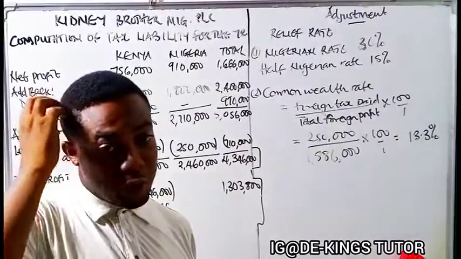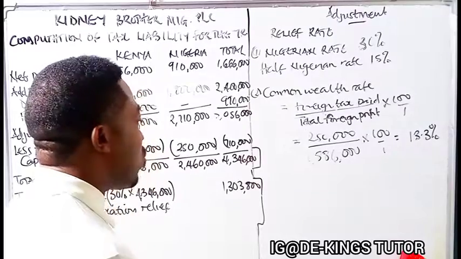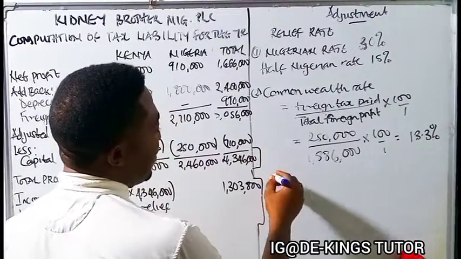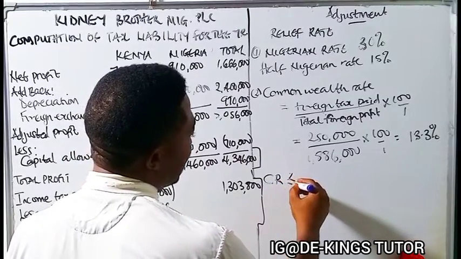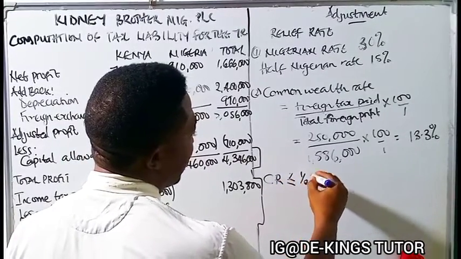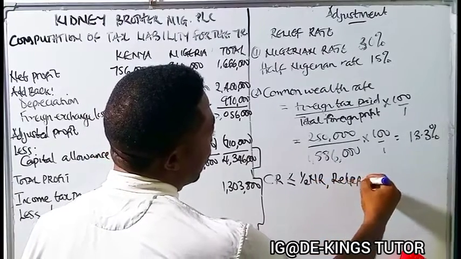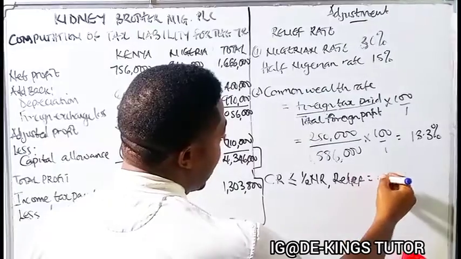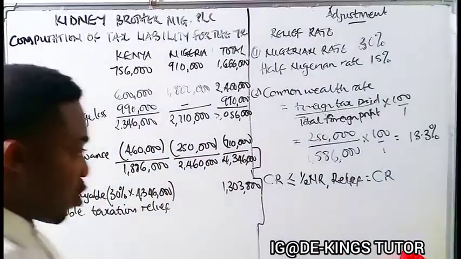Now, there are two conditions on the relief rates to use. The first one is, if the Commonwealth rate is less than or equal to the half Nigerian rate, then the relief that we're going to use will not be the Commonwealth rate.